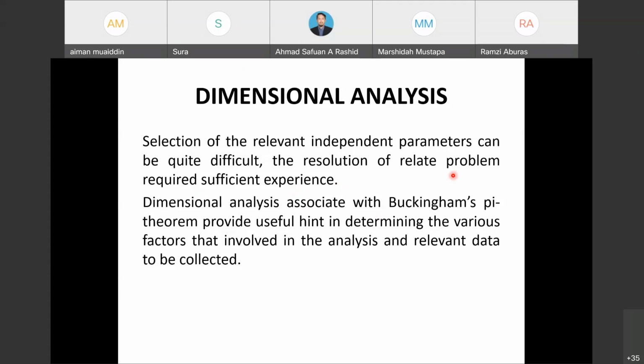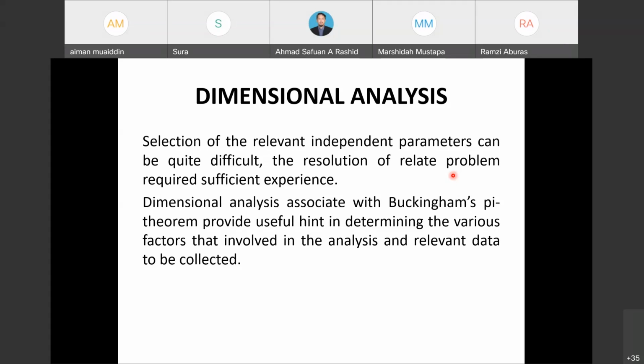Dimensional analysis associated with the Buckingham Pi theorem provides useful hints in determining the various factors involved in the analysis and the relevant data to be collected. That is the gist of the dimensional analysis. I will show some examples. I guess you may understand later.